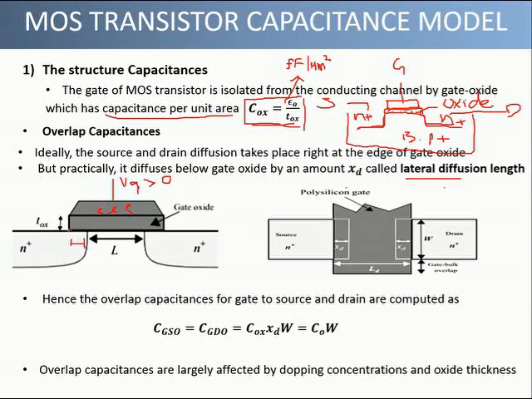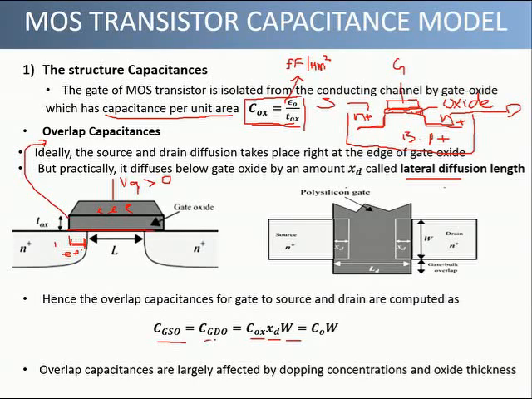Then we have an oxide layer, and then we have a diffusion region over here, which again consists of a large number of free electrons because it is N plus impurity. So we have charge carriers over here, an insulator, and again charge carriers. So this portion of the source and drain behaves like a capacitor, and the capacitance of this portion is known as overlap capacitance.